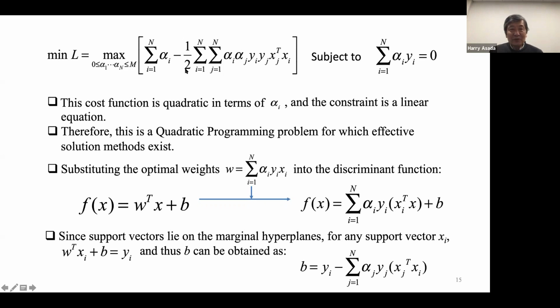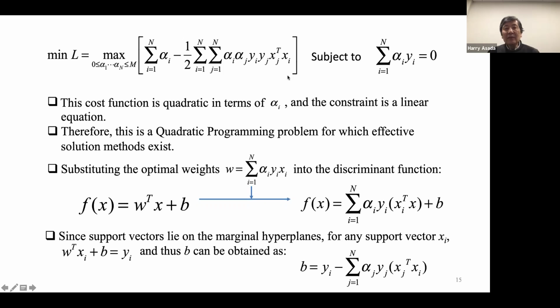You can't solve this analytically, but you can use any kind of quadratic programming technique that can solve this quite effectively. There are a bunch of effective techniques available, so we rely on those to solve this problem.